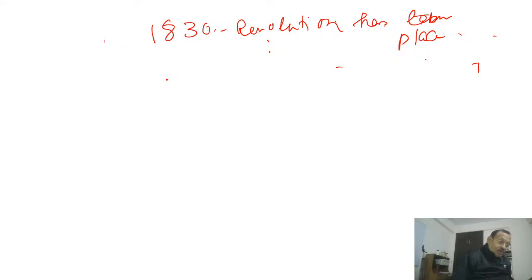And the revolution broke out in France, which affected Belgium and also Italy. इसका ये शुरू कहां से होता है?